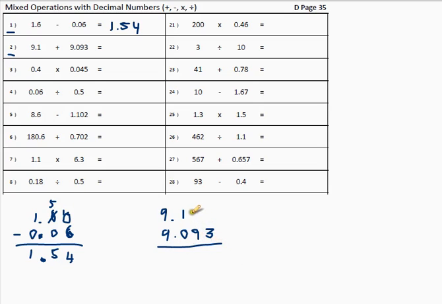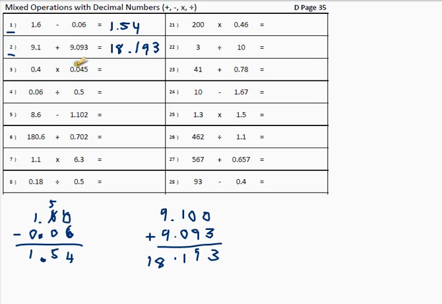Okay, quite useful to add a 0 and a 0 there. We're adding 0 plus 3, 3, 9, 1 plus nothing, 1. The points line up. 9 plus 9, 18. So it's going to be 18.193. Okay.